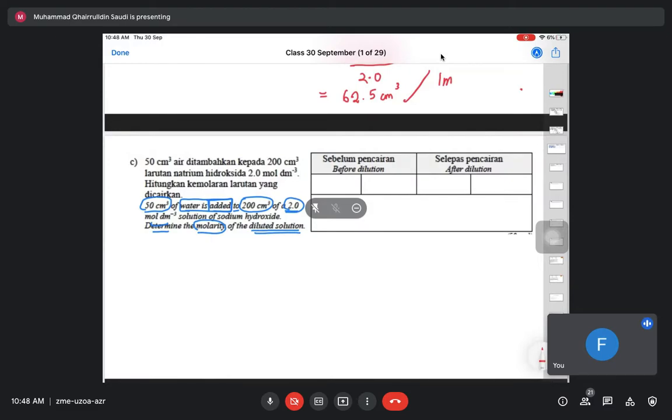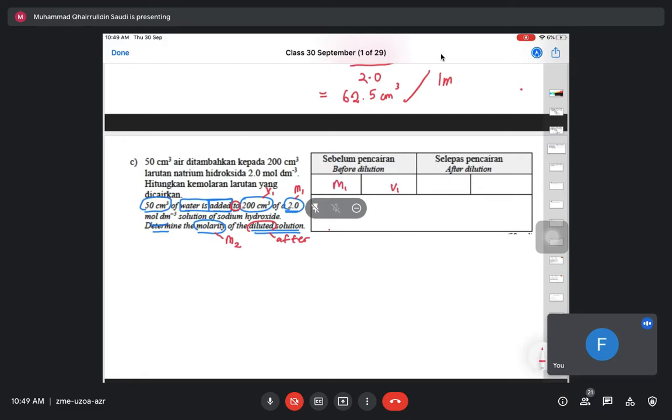Added to means the thing before: this is 200 centimeter cube and 2.0, so this is our V1 and our M1. The question wants the M for the diluted solution. Diluted means the after, so this is our M2.